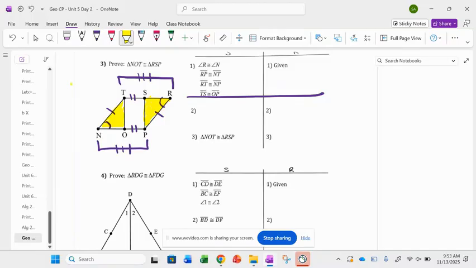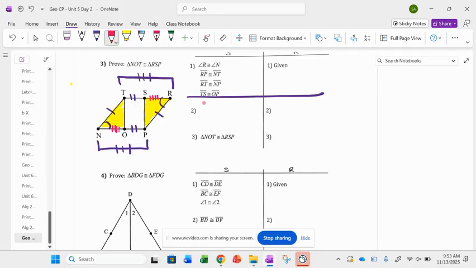Do you guys see how the big TR is congruent to the big NP? And then this little part is congruent to this little part? So I can say right now that SR is congruent to OP. Oh, sorry, ON.